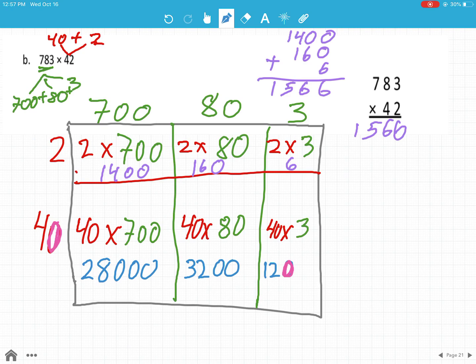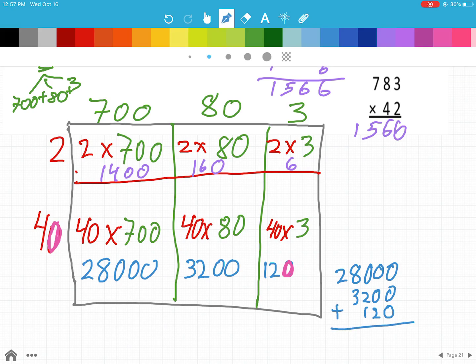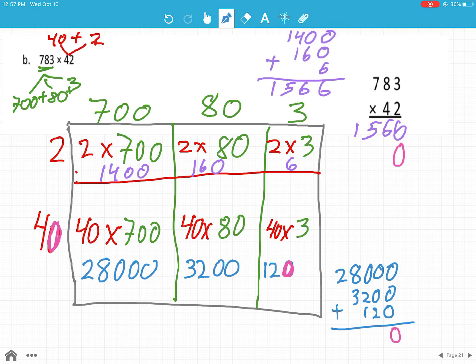We have 28,000 plus 3,200 plus 120. We're going to get a 0 in the ones place. Always going to happen for this multiplied times a 2-digit.